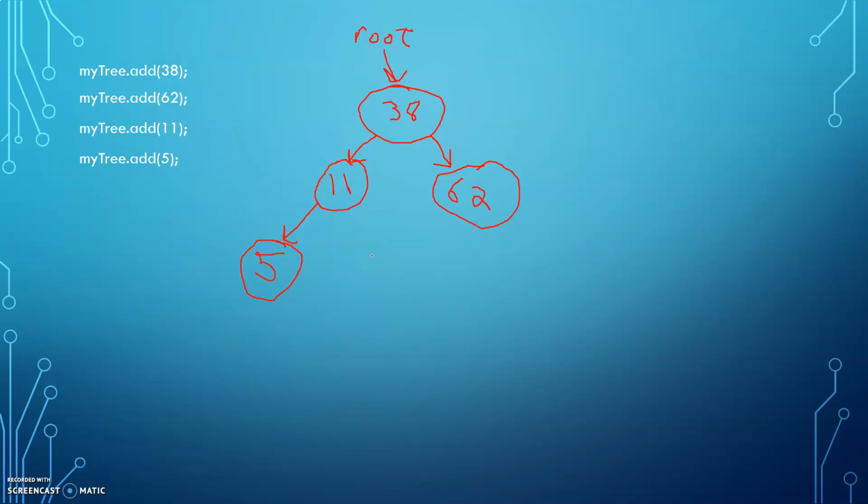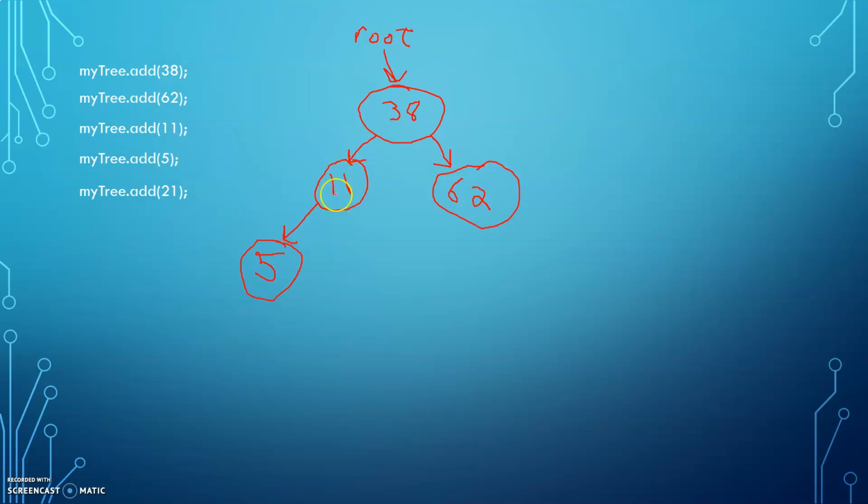So now suppose we call add again. Now we have the value 21. And again, remember, we're always beginning at the root. So 21 is being compared to 38. 21 is less than 38. Well, we have a left, so cursor equals cursor get left.